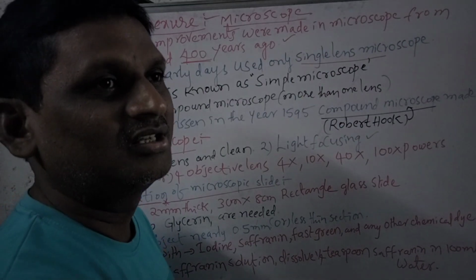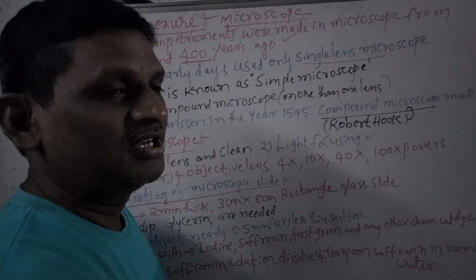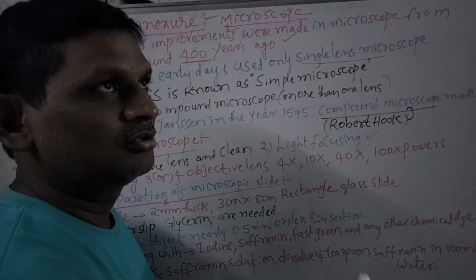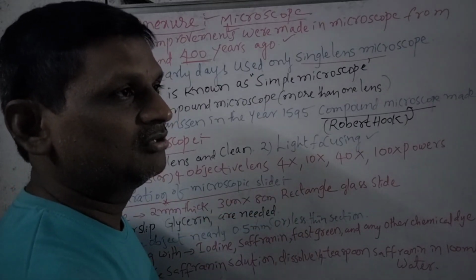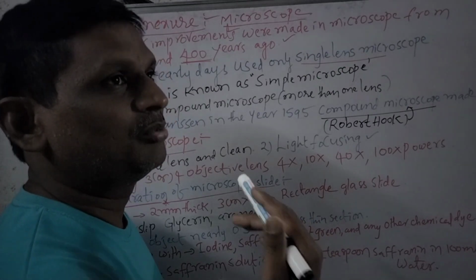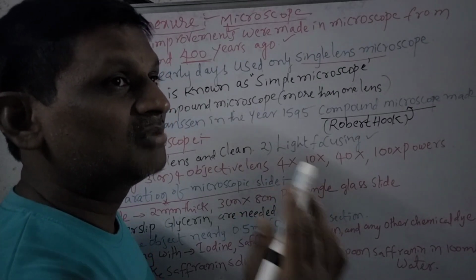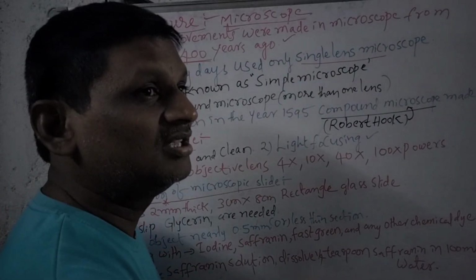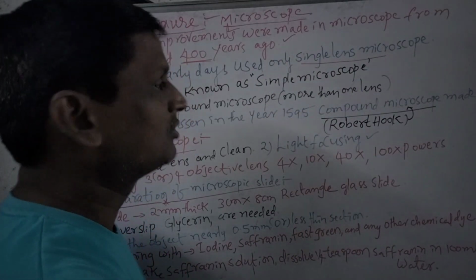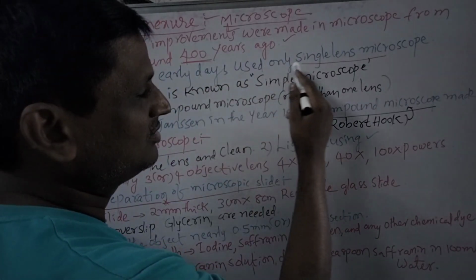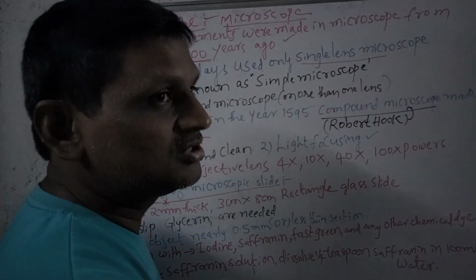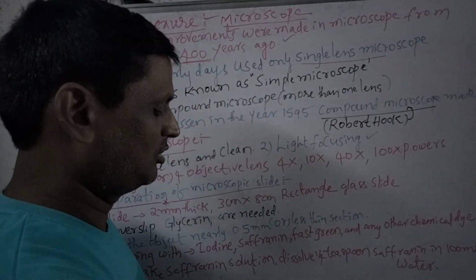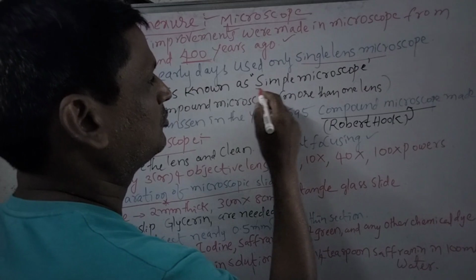Yesterday we discussed in class how Anthony van Leeuwenhoek observed the microorganisms in pond water. That microscope had a single lens and could magnify 300 times. So in the early days, the single lens microscope was used. This single lens microscope is also called a simple microscope.